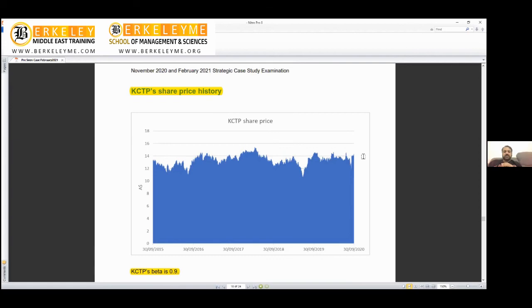Developed country markets are efficient markets, which are directly connected with information, and the consumer is well informed. So if KCTP is doing really good, innovative, nice, it will translate into a movement of the price up. Share prices will go up.